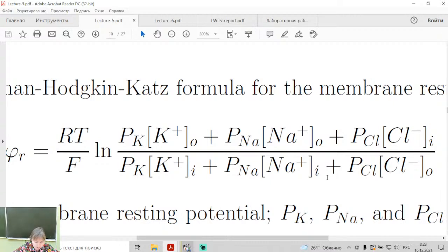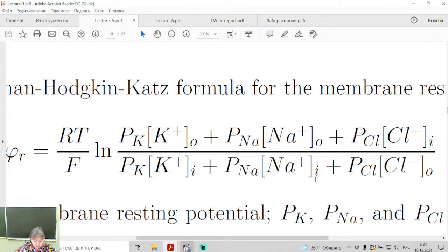In this formula, the membrane permeability for an ion is considered as a proportionality factor between the density of flow of these ions across the membrane and the difference of concentration of these ions on both sides of the membrane.